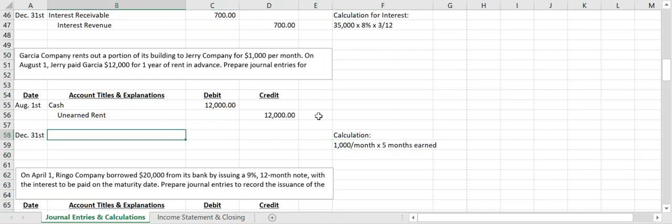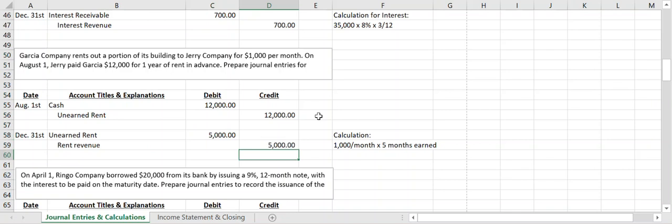So that means we have to reduce our unearned rent by what we've earned, meaning $5,000. And we need to increase our rent revenue by the same amount. I've now earned $5,000 of the $12,000 that we received in advance.